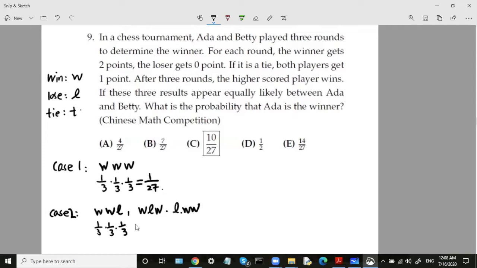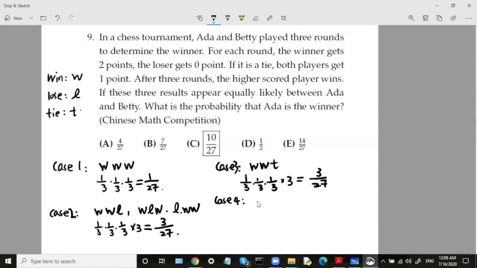And you have 3 combinations, so you multiply by 3. So the probability is 3 over 27. Case 3, Ada could win 2 rounds and tie 1. This is exactly the same as this one, so 1 over 3 times 1 over 3 times 1 over 3, times 3, is 3 over 27.